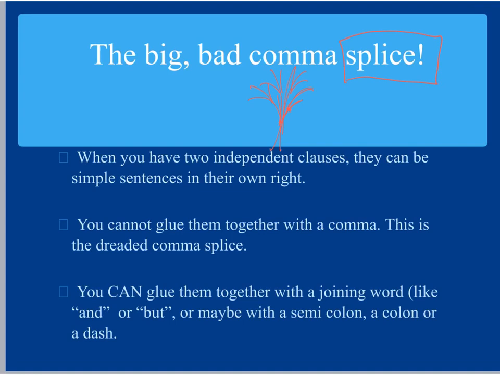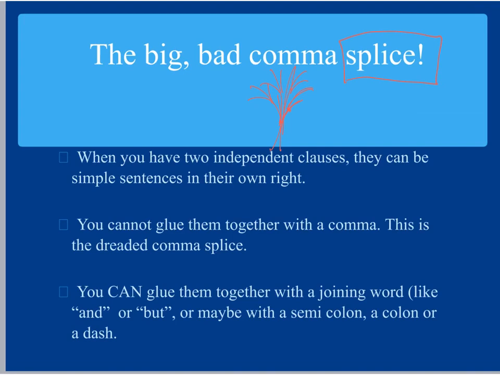So, let's say you have two independent clauses. They can be simple sentences in their own right. Now let's look at that sentence. When you have two independent clauses, they can be simple sentences in their own right. We've got two clauses. Are they simple sentences?